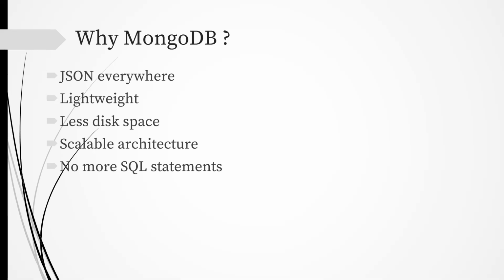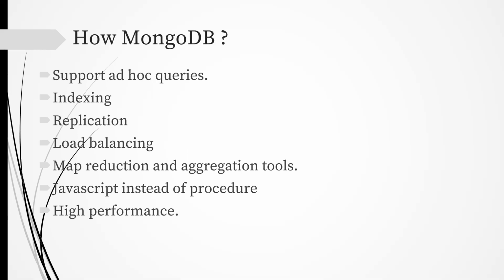And there are no more SQL statements in MongoDB. How does MongoDB work? It supports ad hoc queries, indexing, replication, load balancing, map reduce, and aggregation tools, JavaScript instead of stored procedures, and high performance. In this way, we can use MongoDB.